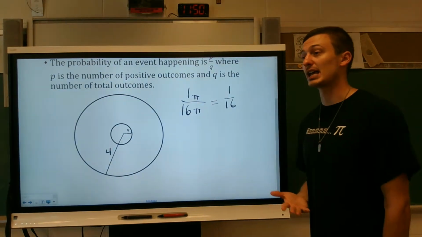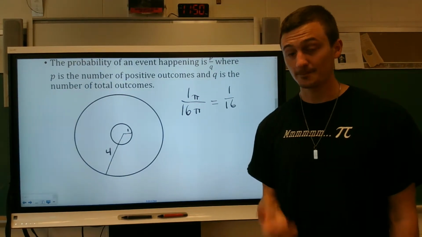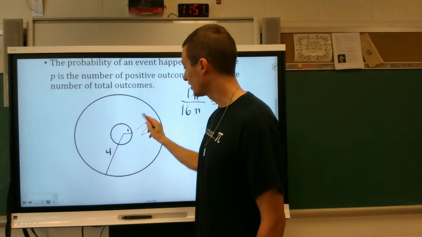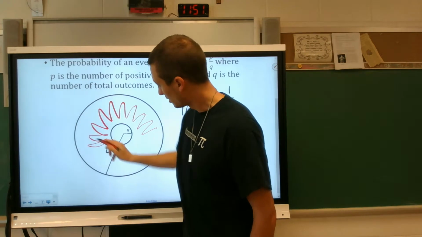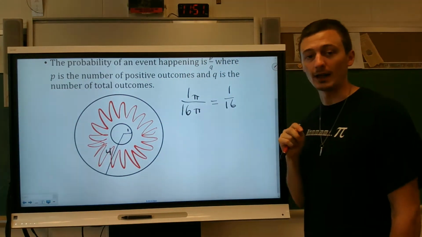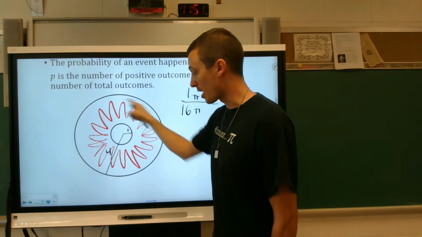Now, we could also ask, what is the probability of you not getting a bullseye? Well, not getting a bullseye is the area that's not the bullseye. It's a pretty little flower. Now, what is the area of this donut?